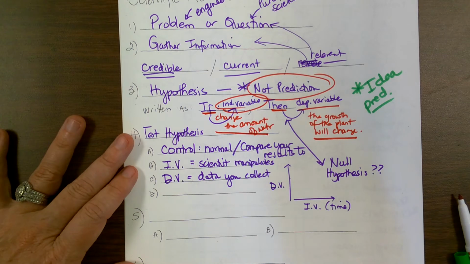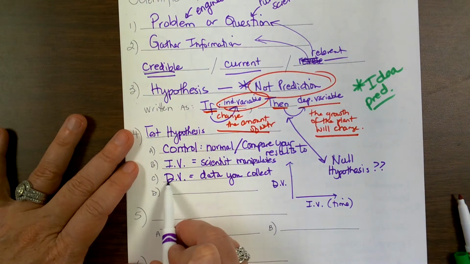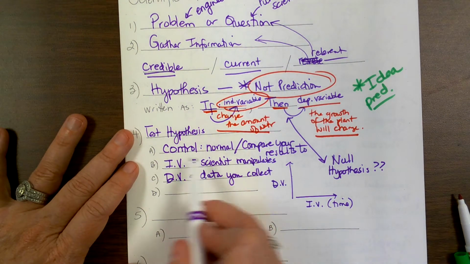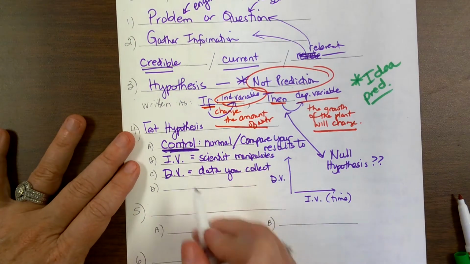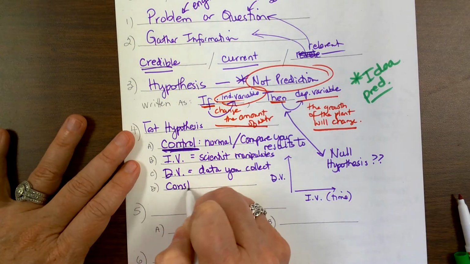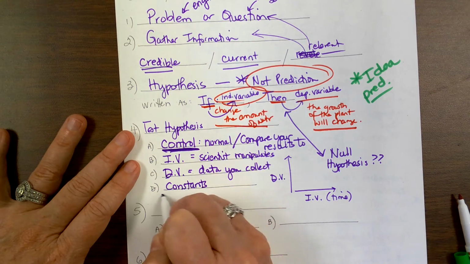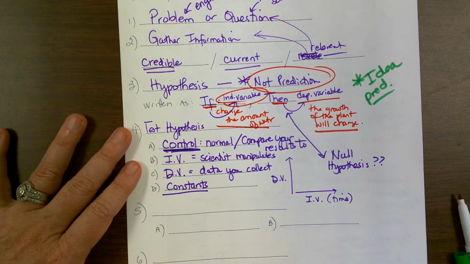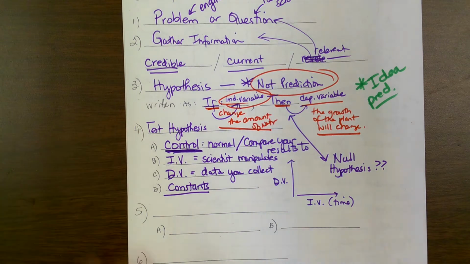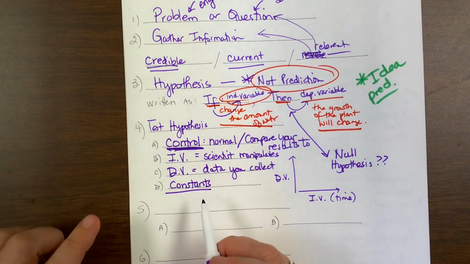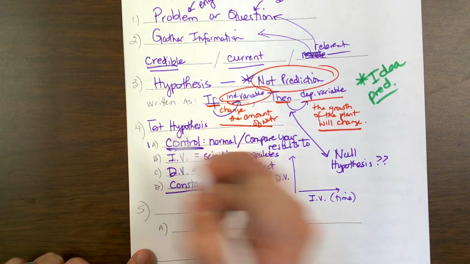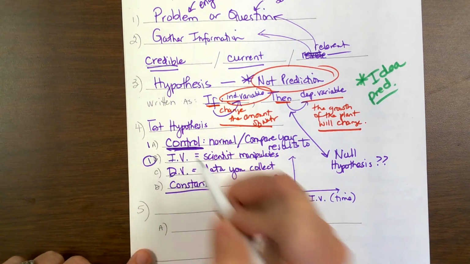Okay, and then with your independent variable, whatever happens, you compare it to your control, and then you have to have constants. Okay, and these are super important. Constants are part of the experiment that you want to keep exactly the same except for your one independent variable.